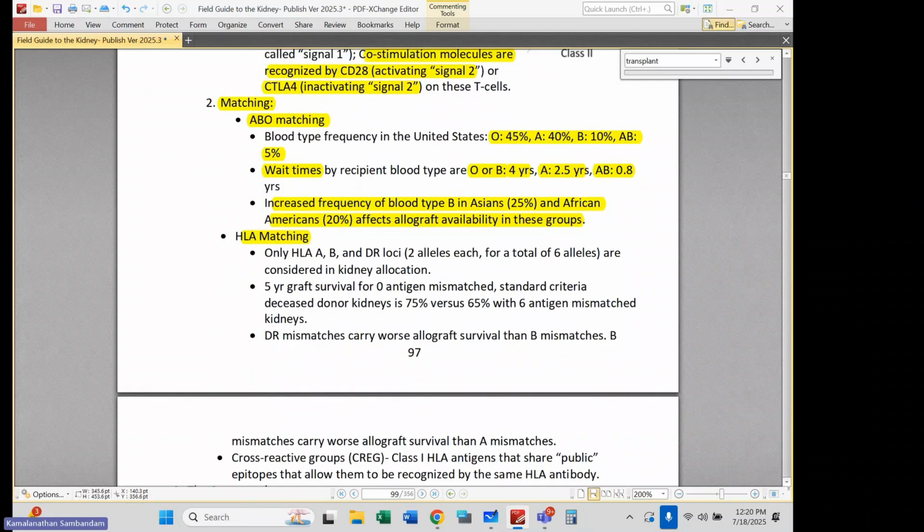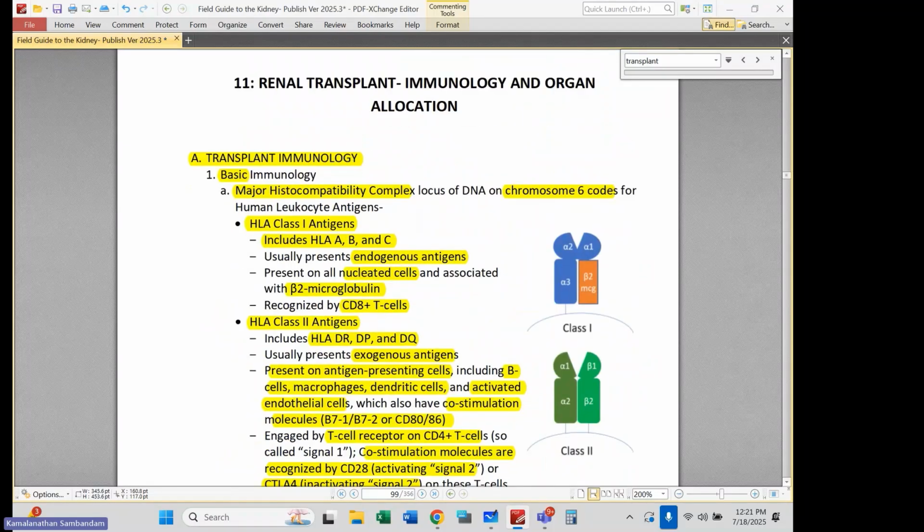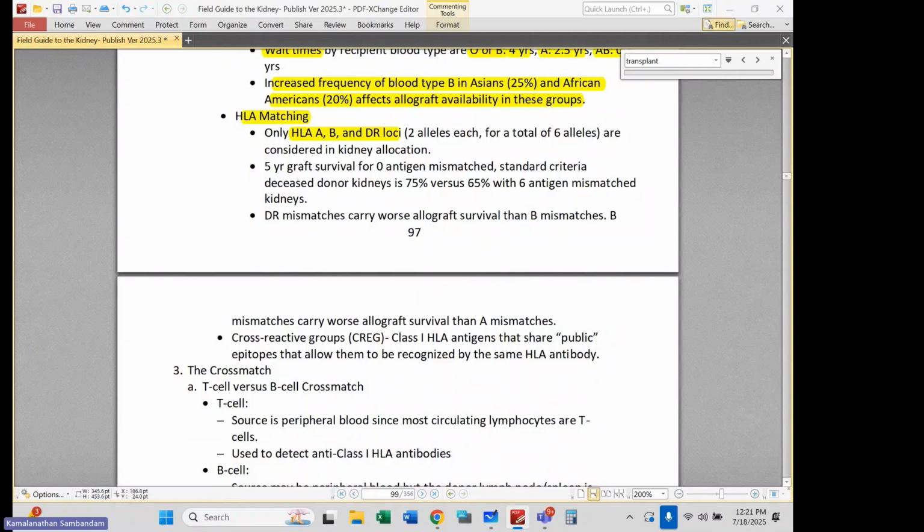Okay, let's move on then to HLA matching. HLA matching that is relevant to renal transplantation when we're allocating points for the wait list is focused on A, B, and DR. If you're matching a bone marrow transplant, you try to match at even more HLA loci because there are HLA-C, DP, DQ, but historically, renal transplants are focused on these 3 loci.